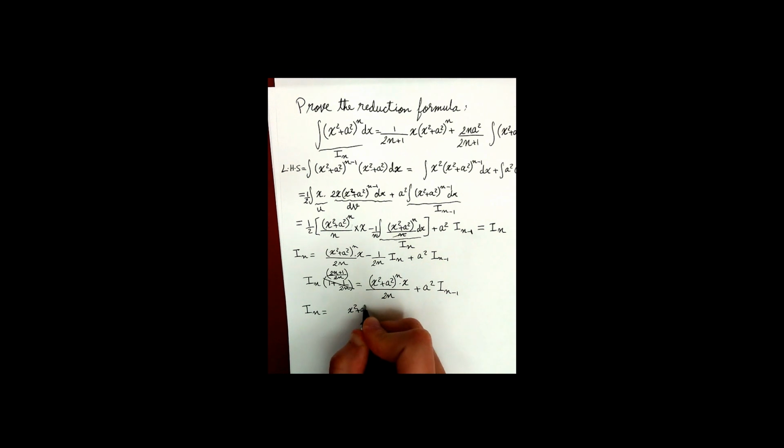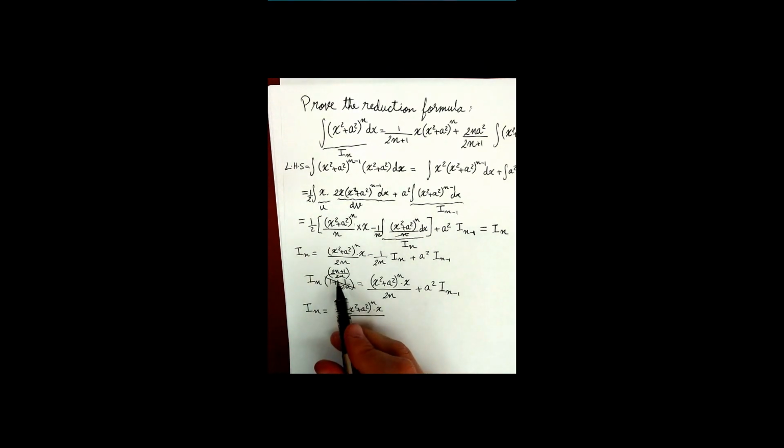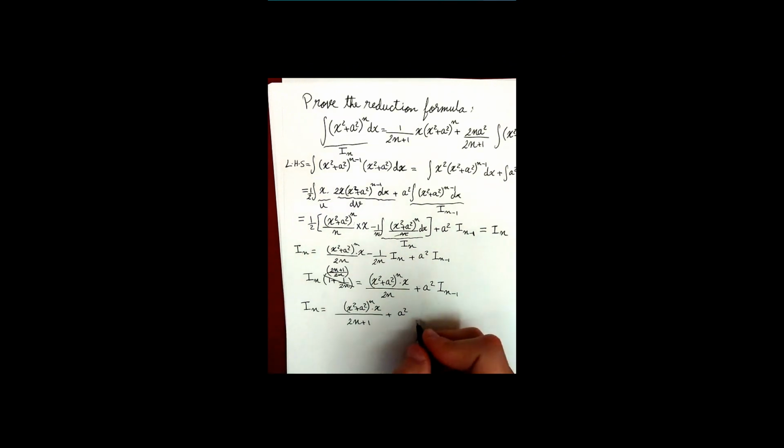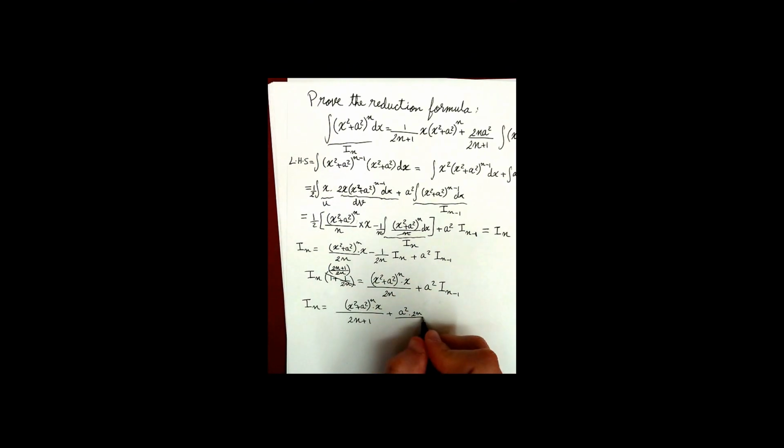So x squared plus a squared power n times x over what? You can see that the 2n will be cancelled with the 2n. So we will have here 2n plus 1 plus a squared times what? Times 2n divided by 2n plus 1 times In minus 1.